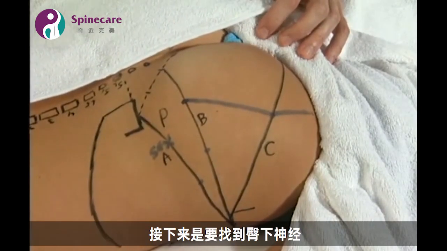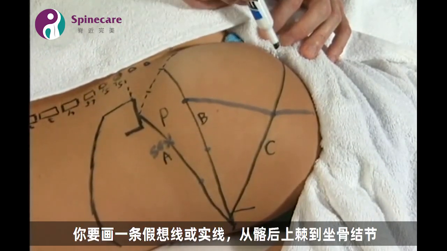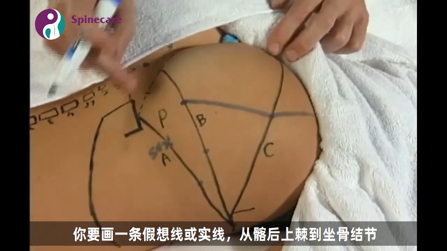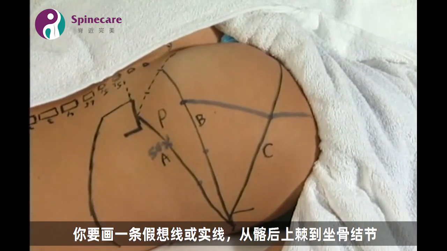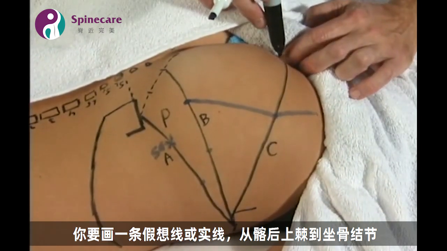And then to identify the inferior gluteal nerve, you will draw an imaginary line, or you can draw the line, from your PSIS to your ischial tuberosity.